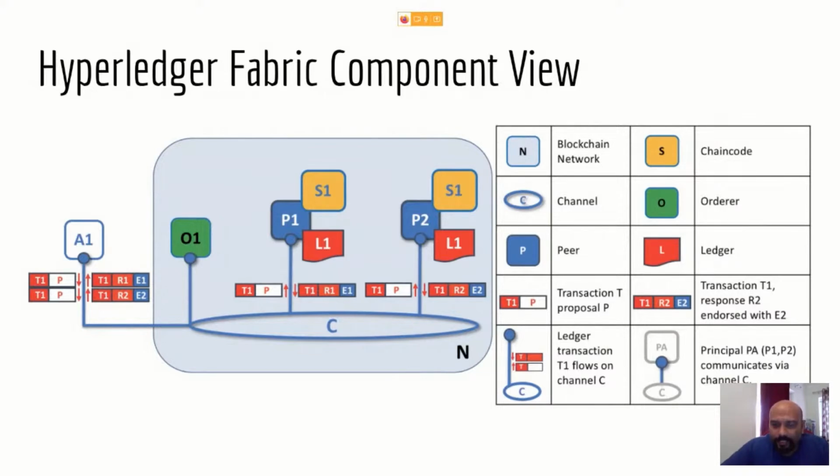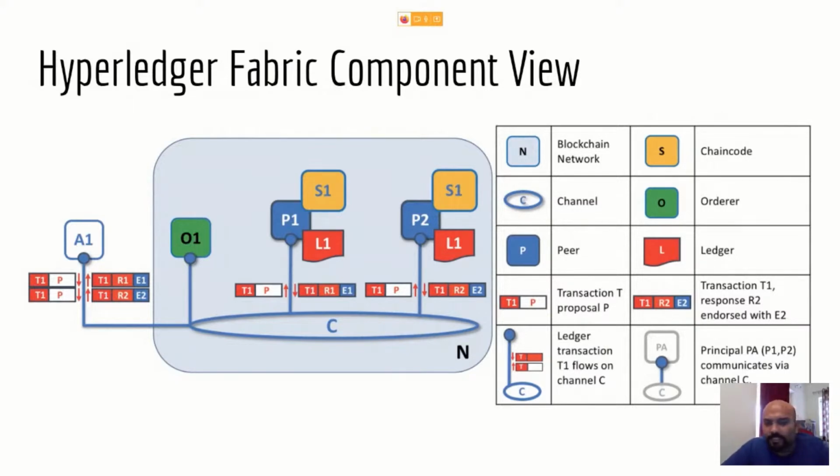The L block indicates the ledger. So you can see the chaincodes are deployed on peers, and the peers each maintain their own ledger copy, and they join a channel, and applications connect to the channel. Applications communicate via the channel. The security modules also communicate via the channel.